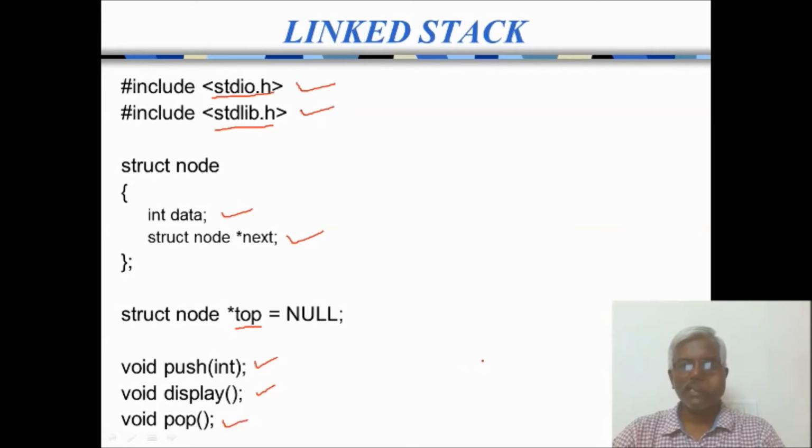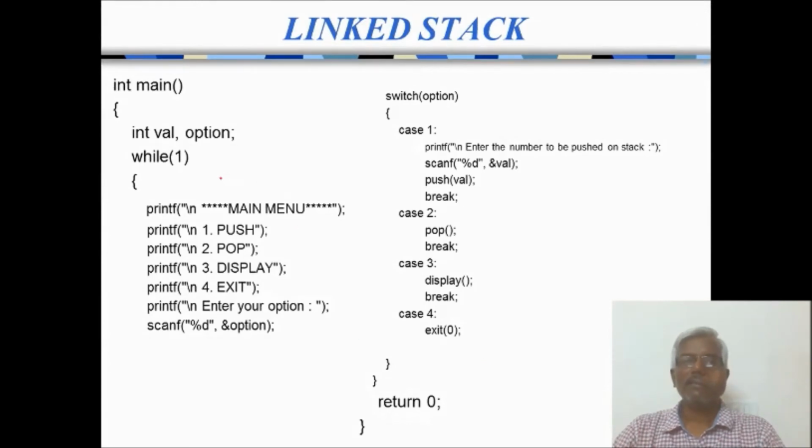What next? We go for the main function, which is similar to that of the linked list. In the main function we declare whatever variables are needed, and inside the while loop initially we write some printf statements for displaying the menu and getting the option, and pass it to the switch block for different cases.